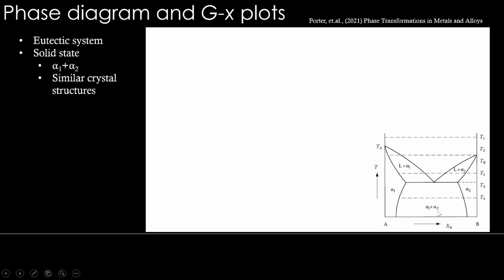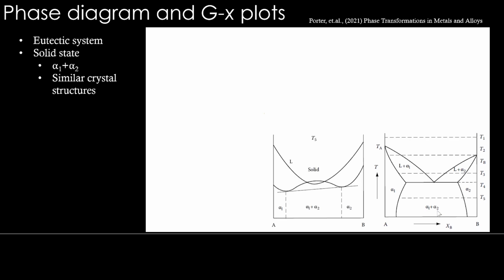So you can imagine the Gibbs energy composition curve should be only one curve where a common tangent touches two points. So let us first take that into consideration, the common tangent touching two points. So this is the solid curve here, and the liquid curve is like this. We need to know this point and this point. So in this diagram, G versus X, just to help you, the alpha 1 plus alpha 2 and alpha 2 regions are marked.